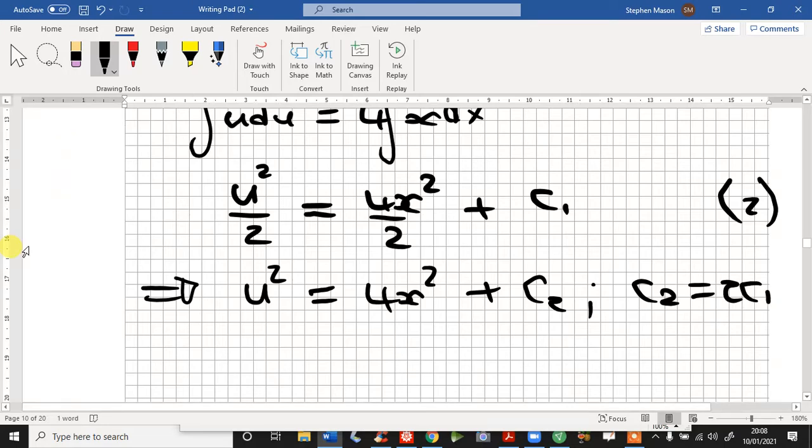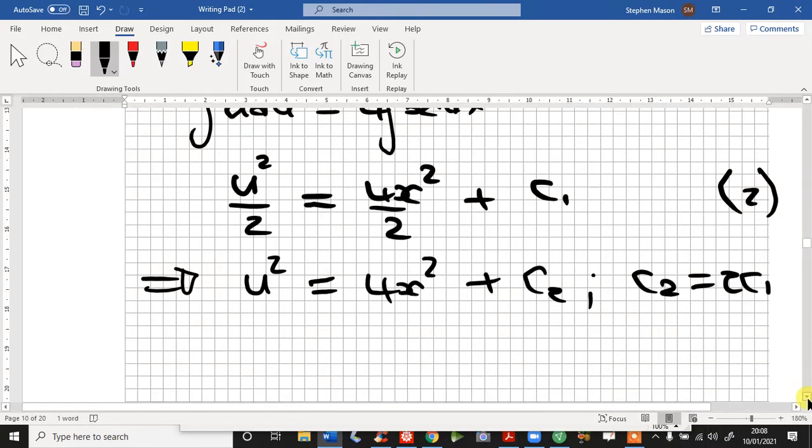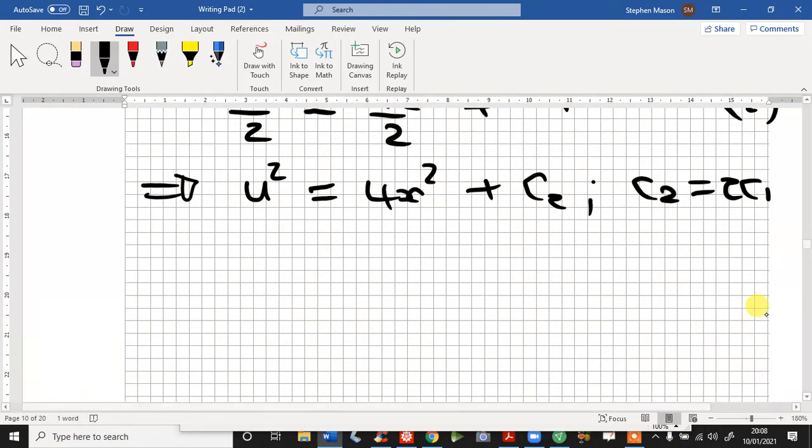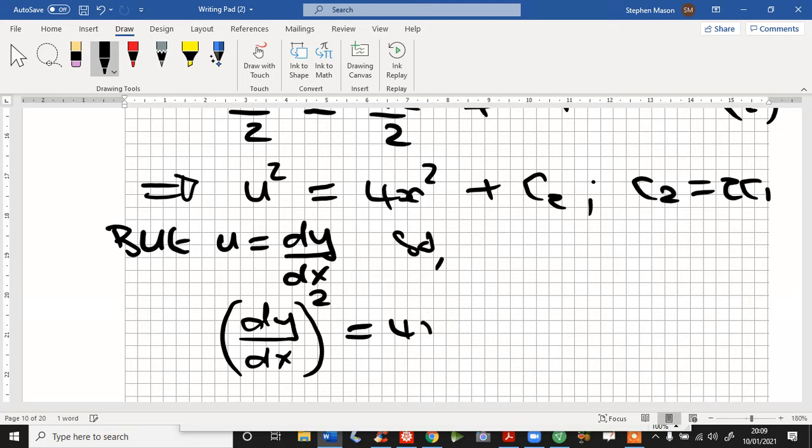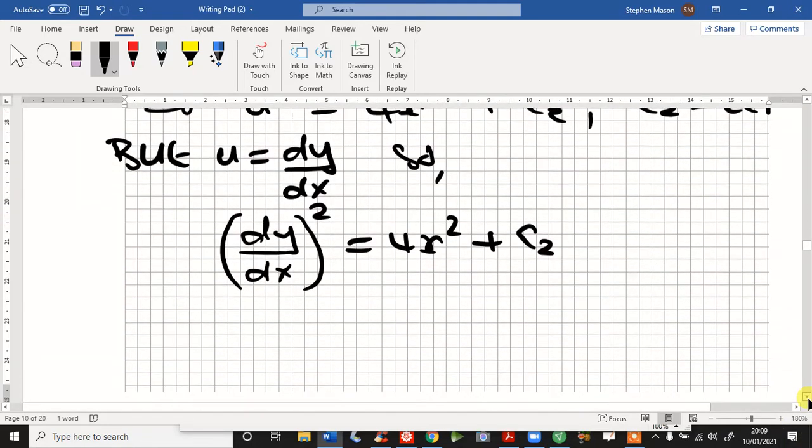So now we can rewrite this, if you remember, u equals dy by dx, okay? So we've got dy by dx all squared equals 4x squared plus c2. And we have to find the constant c2, right?